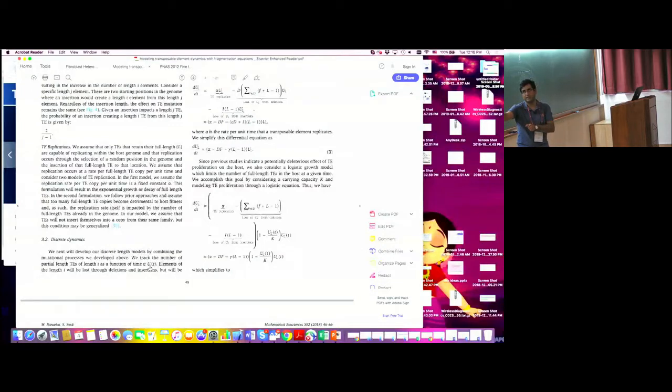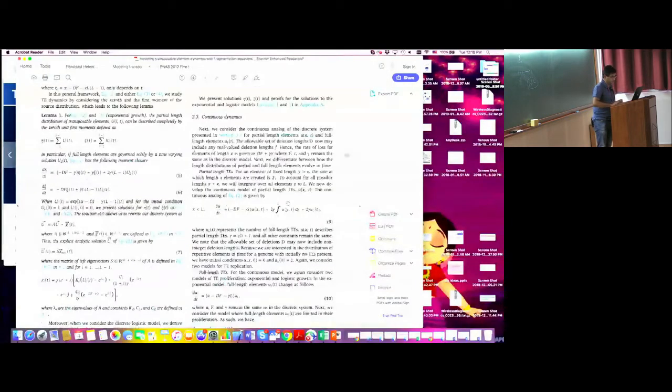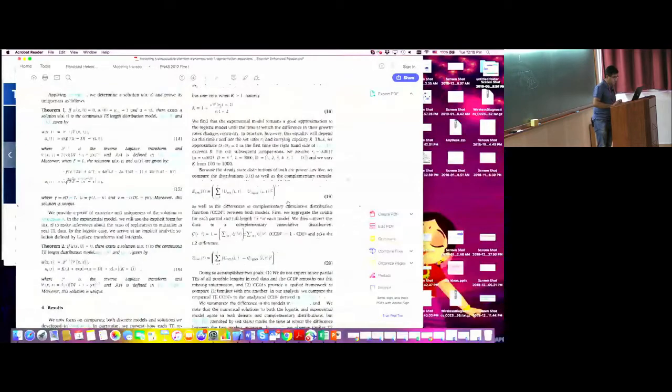So even if you get the data a few years down the line, that time period is going to be much less compared to the evolutionary time scale, so you can approximate this as a steady state response. And then they also have a continuous dynamics version of that. So I'll go to the results.